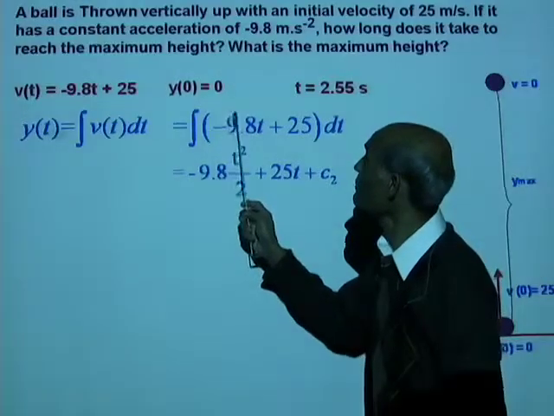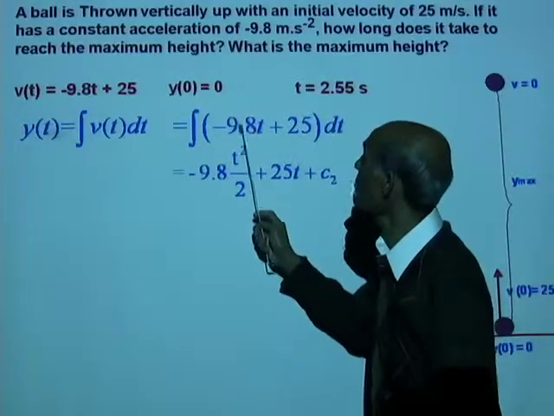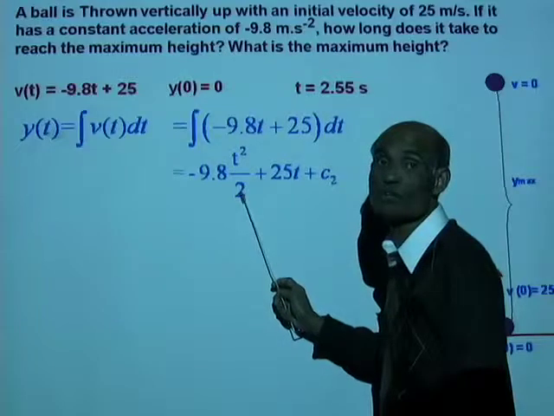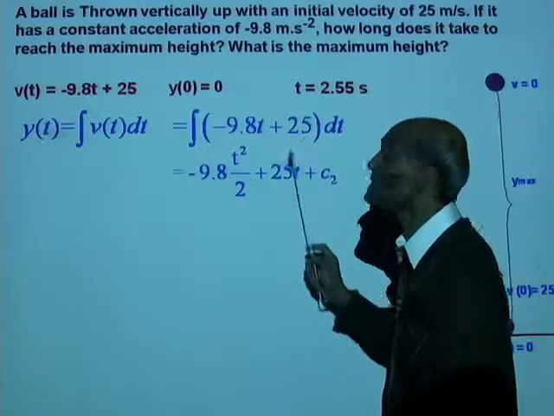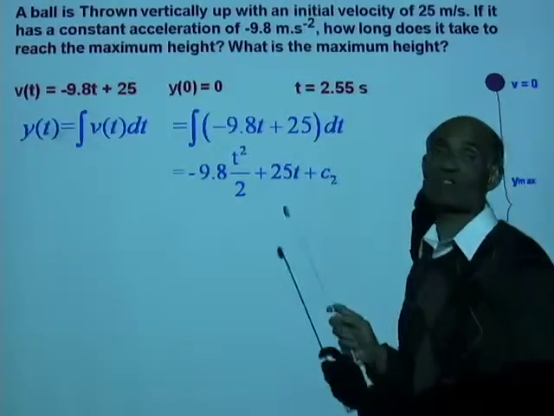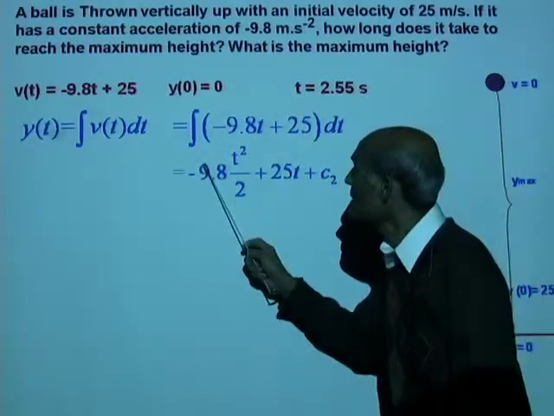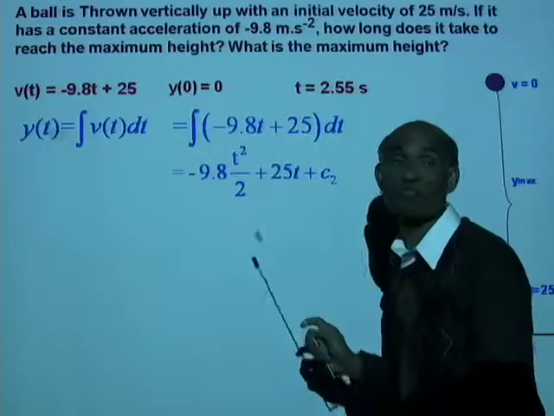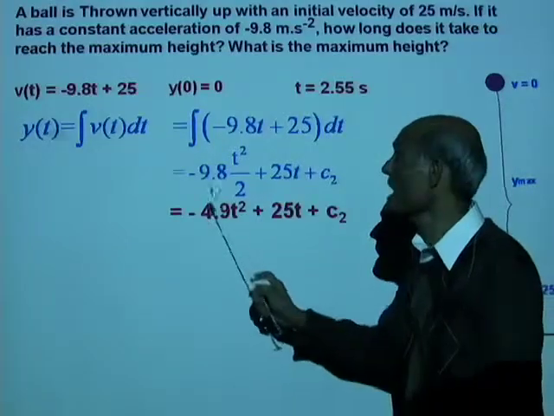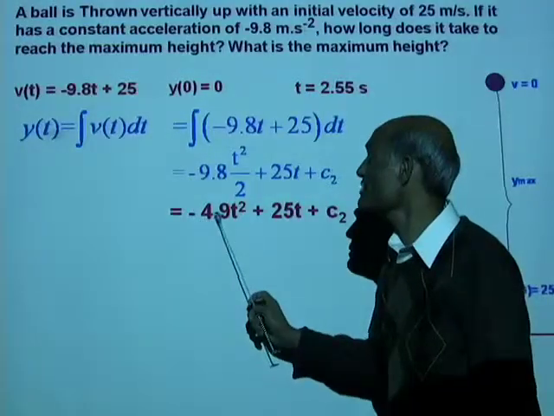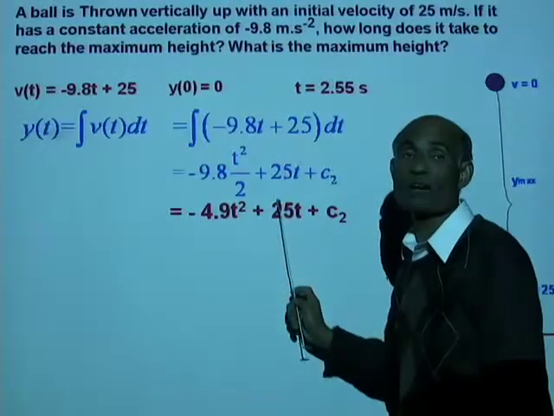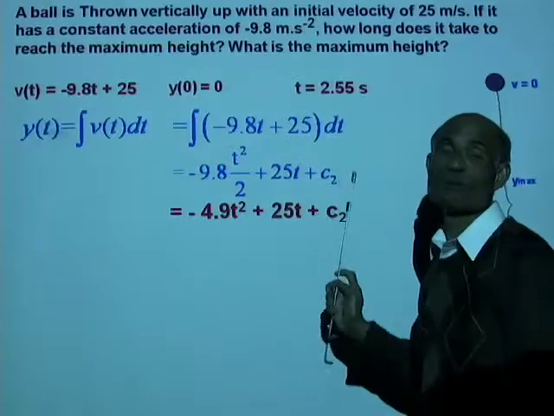Integrating the first term gives negative 9.8 t squared over 2, plus the integral of 25 dt, which is 25t, plus c2. And negative 9.8 divided by 2 is negative 4.9. So your position function is negative 4.9 t squared plus 25t plus c2.